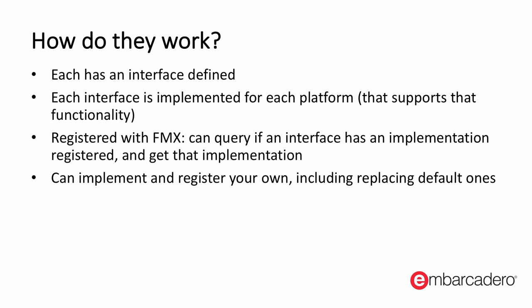All of these have interfaces defined, and on different platforms, different implementations of those interfaces are registered with FireMonkey. When any part of FMX, or you in your own code, want to do something in a cross-platform way, you ask if the interface is registered, and if so, you get given something that implements that interface, and you can then call its methods.